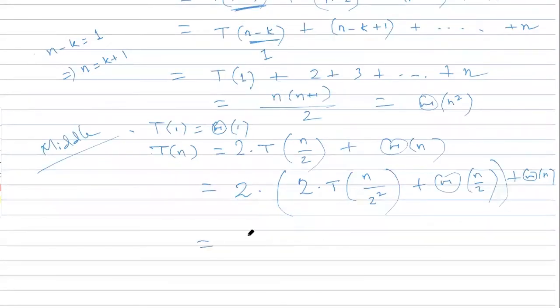Okay, let's see where it goes. So this is going to be equal to 2 square times T of n by 2 square plus 2 times n by 2, that will be order of n, plus order of n.